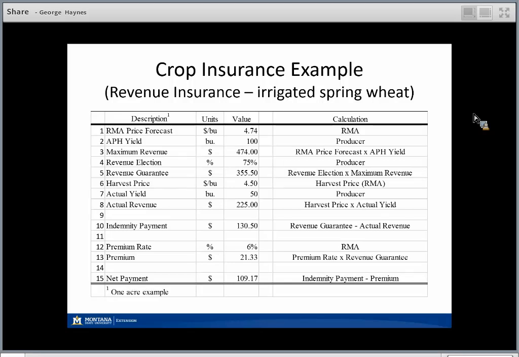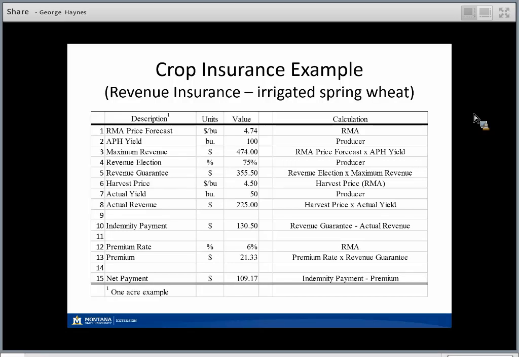But the $130 comes with some conditions attached, because we have to pay a premium. And the premium is going to essentially be 6% of whatever the revenue guarantee is. So we're going to pay a little bit more than $21 per acre for this insurance.